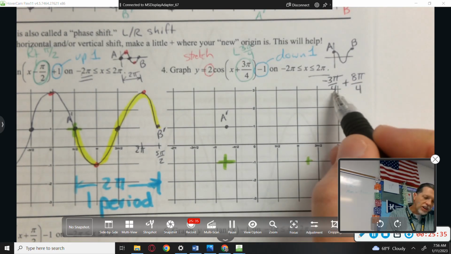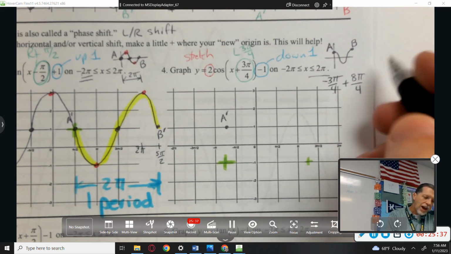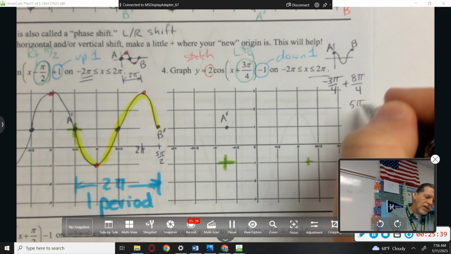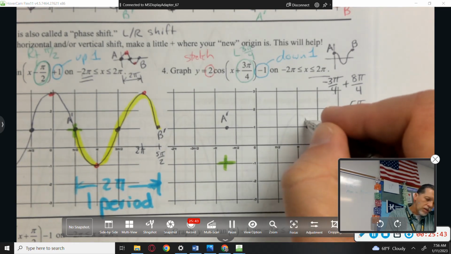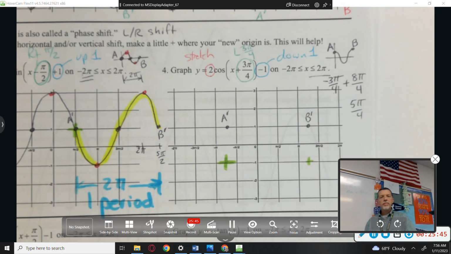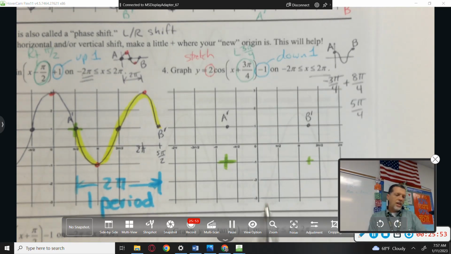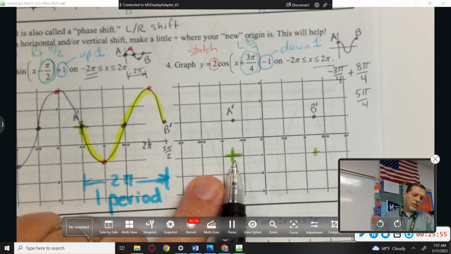You could start at negative 3 pi over 4, add 2 pi, you get 5 pi over 4, put you right there. That's sort of the most direct way to go. There's some sneakier ways to get there. From my origin, I went left 3 pi over 4.